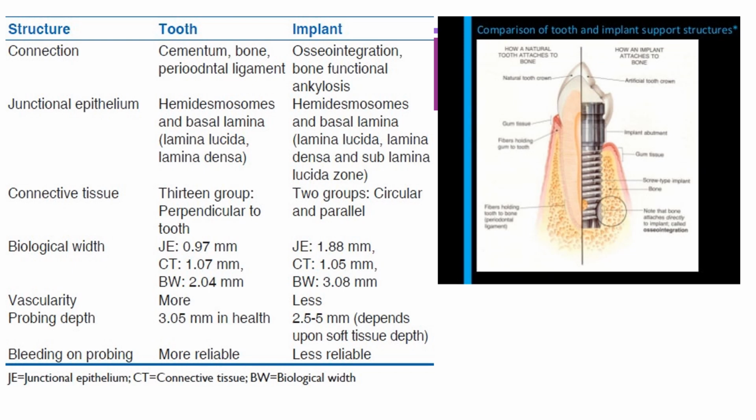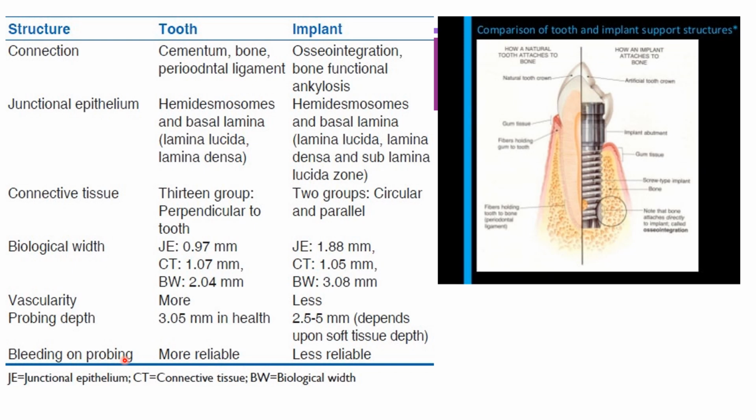So when we tell about the differences between the natural tooth and the implant, you can just define it according to the structure. There is connection wise, junctional epithelium and connective tissue, biological width, vascularity, probing depth, and bleeding on probing. Okay, so bleeding on probing, I want to tell that it will be more reliable in case of tooth surface, whereas on implant surface it will be less reliable.